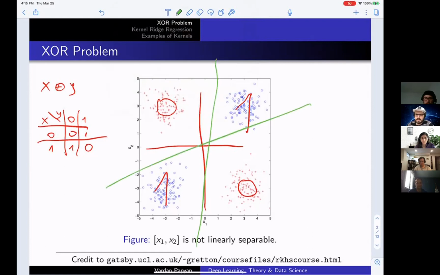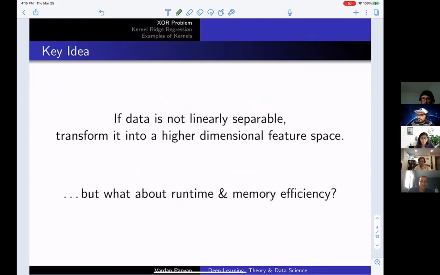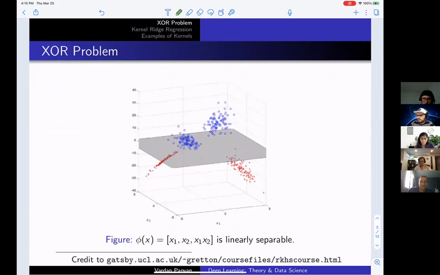This is a challenge for a linear classifier that shows the limitation of linear classifiers. And so what one might do is use a different representation of the data.